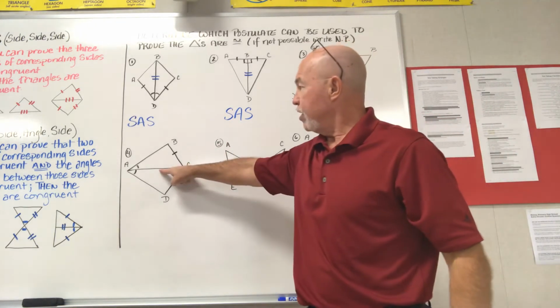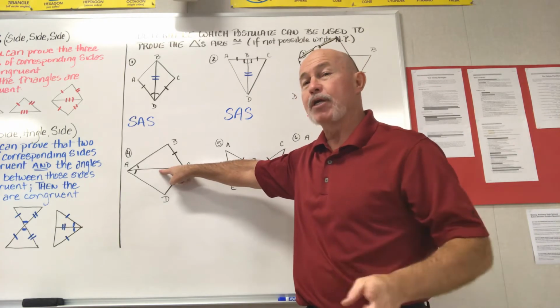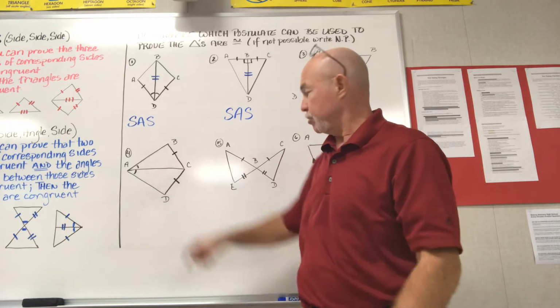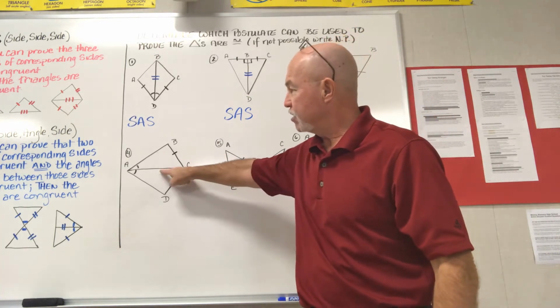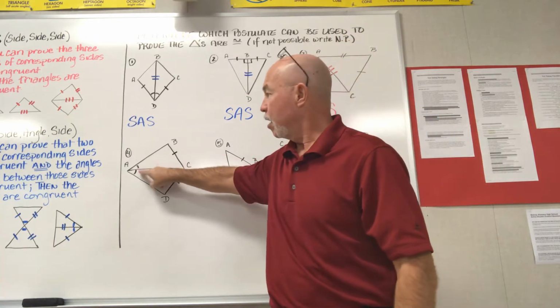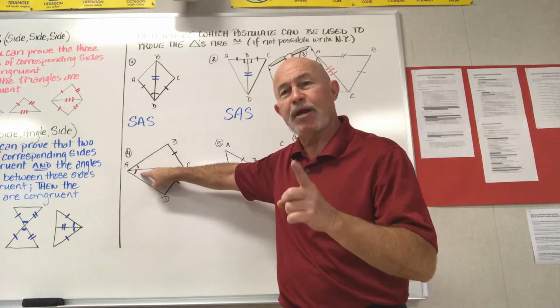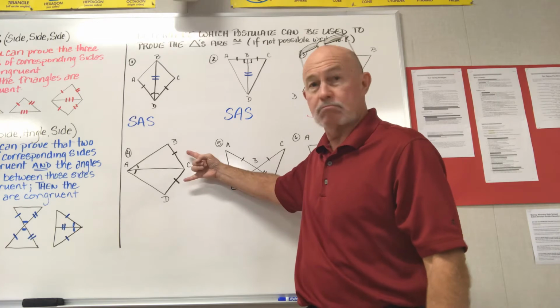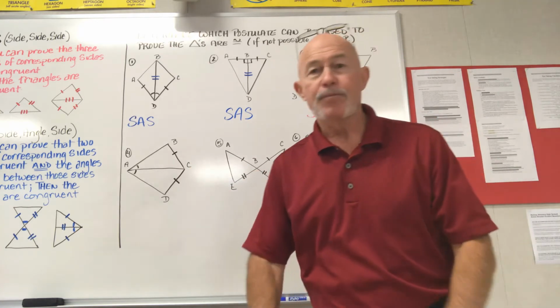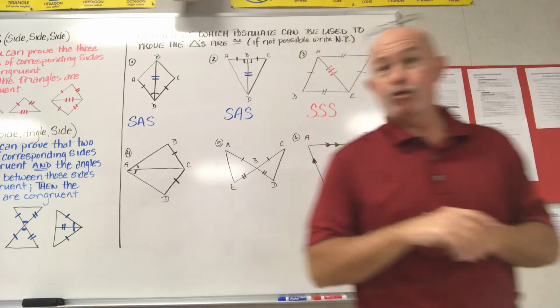Okay? We know that this is common to both triangles. But look at this. A pair of sides, a pair of sides, a pair of angles. Is that pair of angles between the sides that are congruent? No. We can't prove those are congruent.